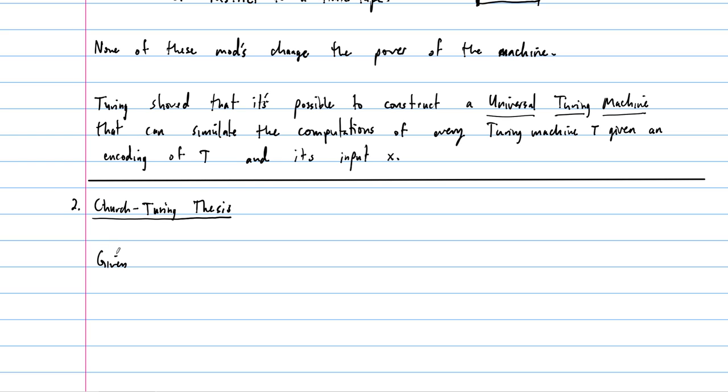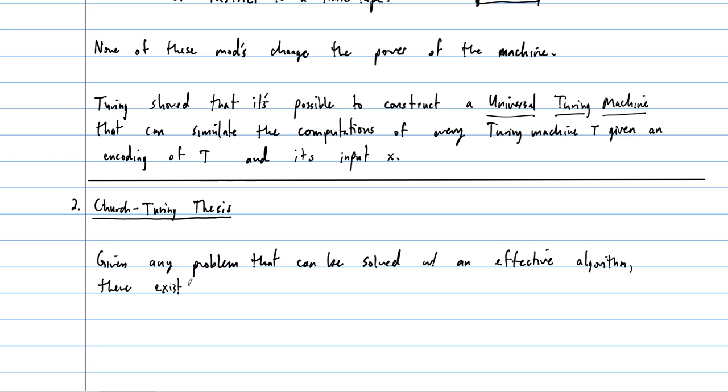So given any problem that can be solved with an effective computational algorithm, there exists a Turing machine that will solve this problem.